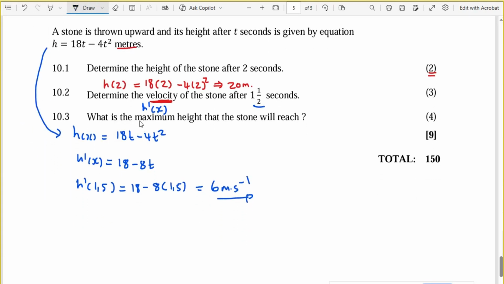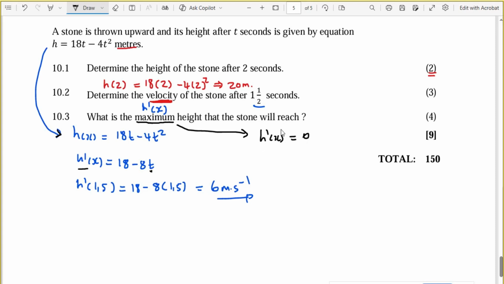Okay, the last question. You see the word maximum. When you see the word maximum, what do we do? Remember, maximum means find the derivative, equate that to 0. When you see velocity, you find the derivative, where there's t, you put the time. So now the maximum height that the stone will reach, you first find the first derivative, and then you solve for t.